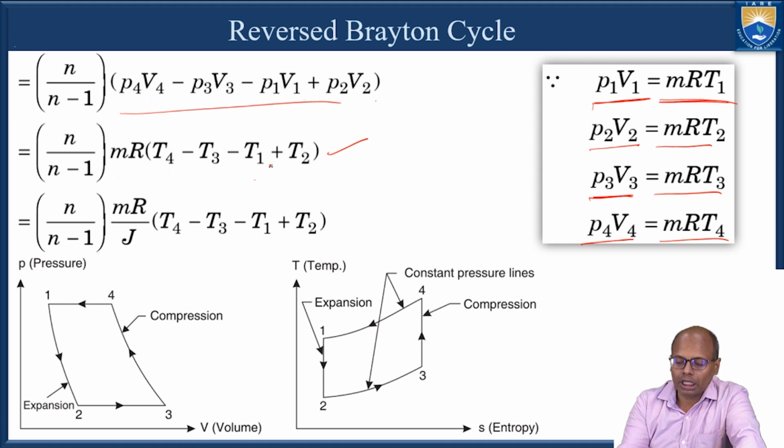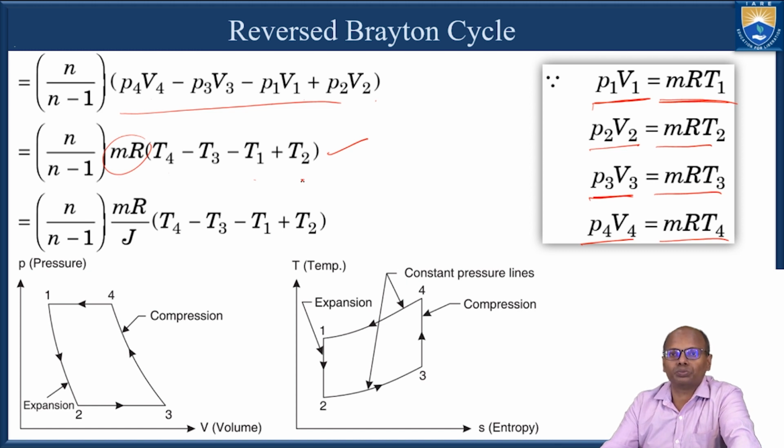Now, if I take the mR, because mR is constant for all the terms here, the inside value is equal to T4 minus T3 minus T1 plus T2.